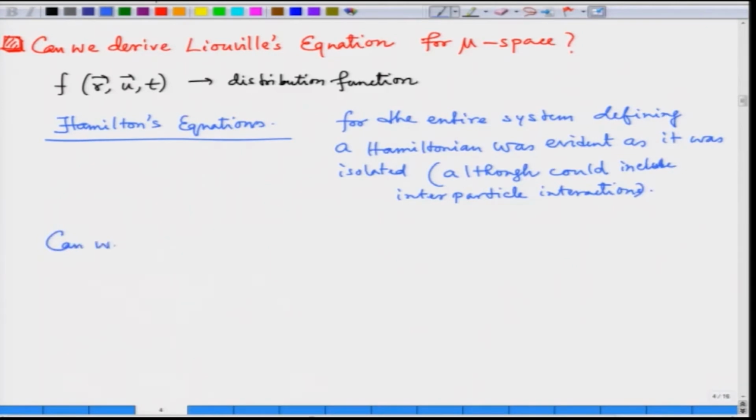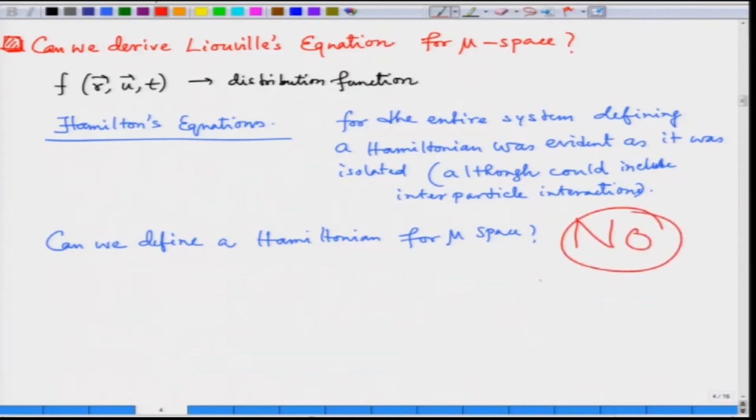Question is, can we define a Hamiltonian for mu space? The first level answer is no, in general.